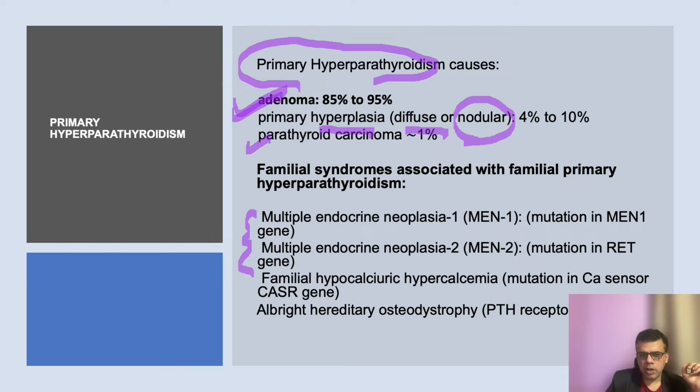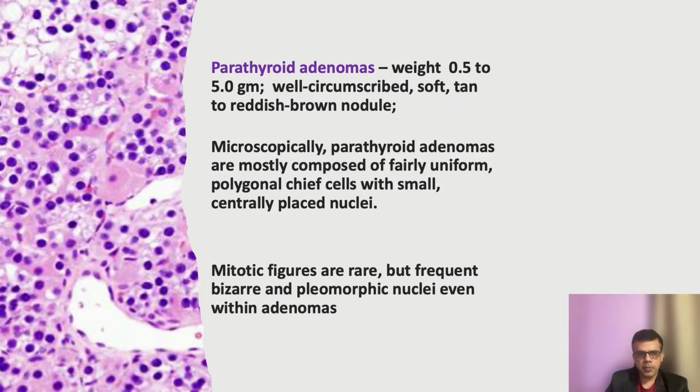These two are commonly associated with familial hyperparathyroidism. Familial hypocalciuric hypercalcemia, with mutation in the calcium sensor gene, and Albright hereditary osteodystrophy with PTH receptor mutation, can also be possible causes of primary hyperparathyroidism.